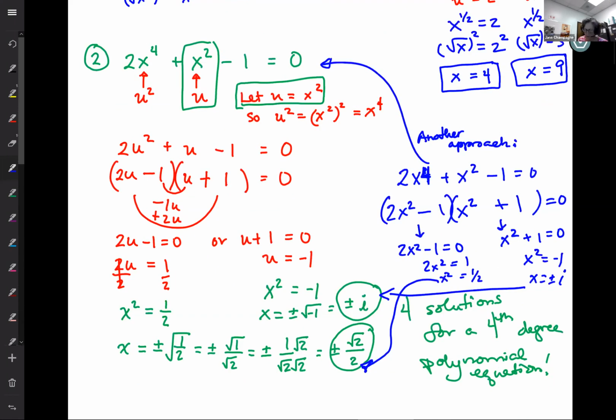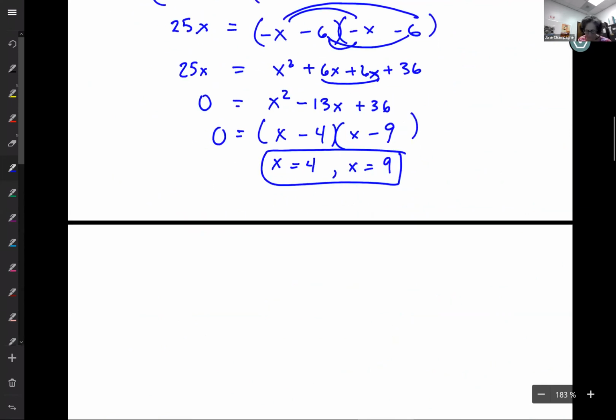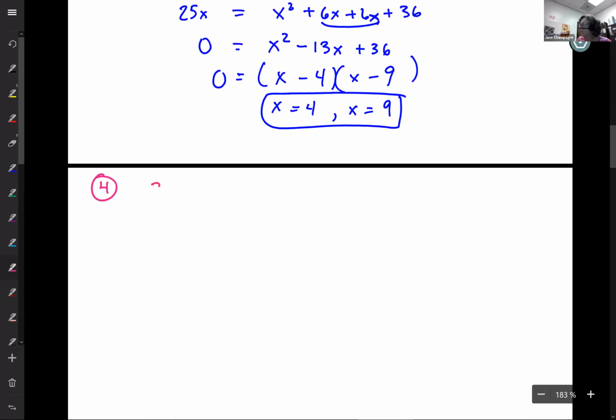All right, let's look at number 4. Number 4, we've got 3 minus 10x to the -1 minus 8x to the -2 equals 0. So if we rearrange this, and actually I'm going to multiply by negative because I want that leading term to be positive.